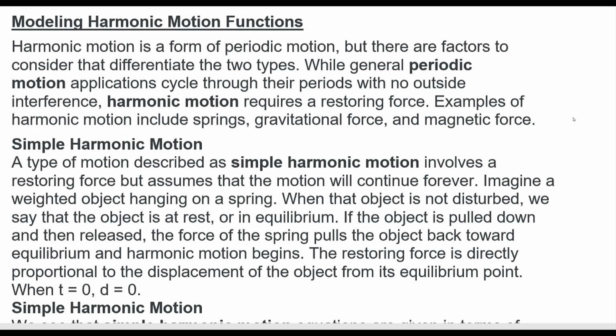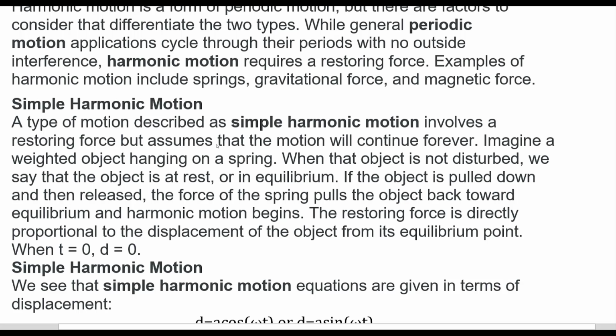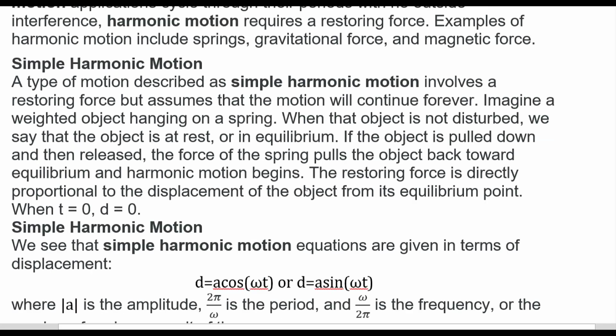Simple harmonic motion involves a restoring force, but assumes that the motion will continue forever. Imagine a weighted object hanging on a spring. When that object is not disturbed, we see the object is at rest or in equilibrium. If the object is pulled down and released, the force of the spring pulls the object back toward the equilibrium, and harmonic motion begins.